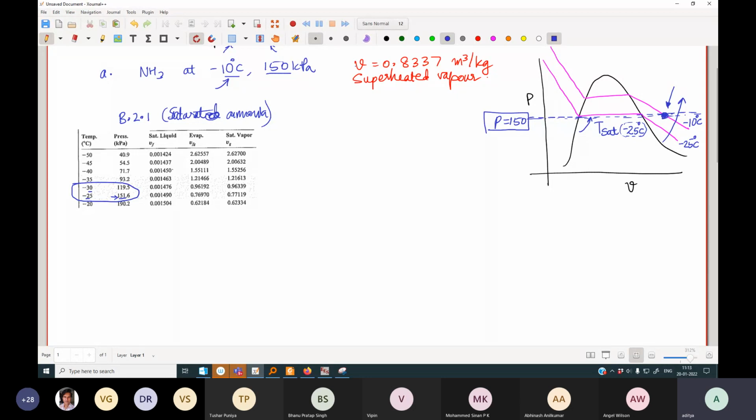So at this point, what is the state? It is obviously superheated vapor. And now the question is, what is the specific volume? We don't know what it is going to be. All right, so in order to ascertain the specific volume, we must now go beyond the saturated ammonia tables and go to the superheated ammonia tables.